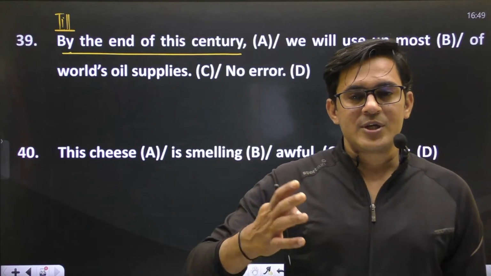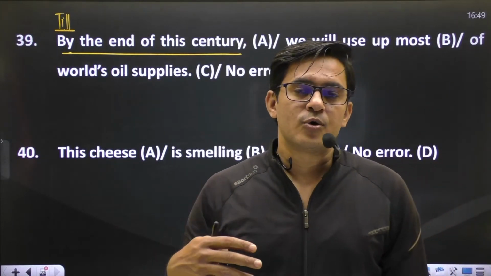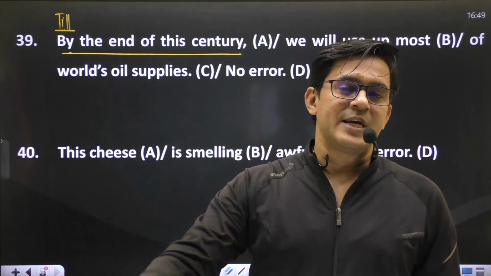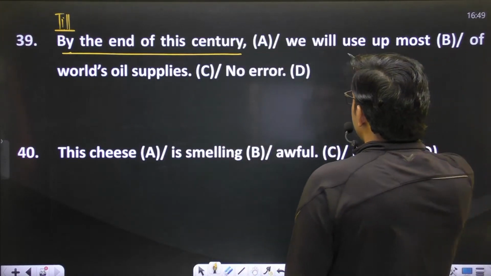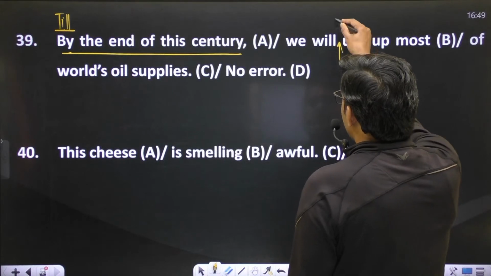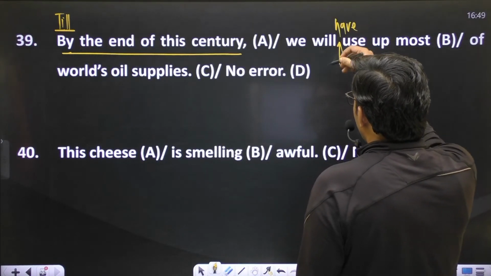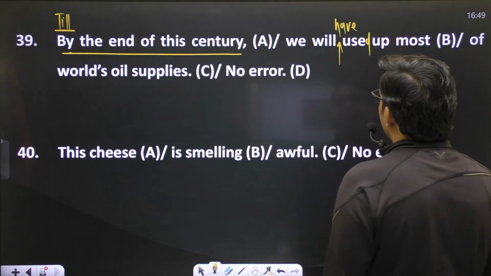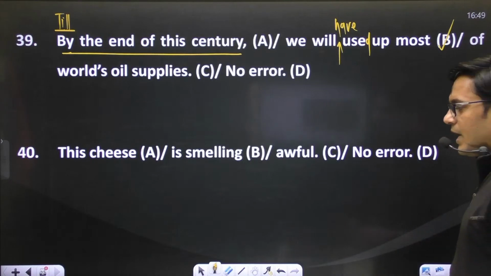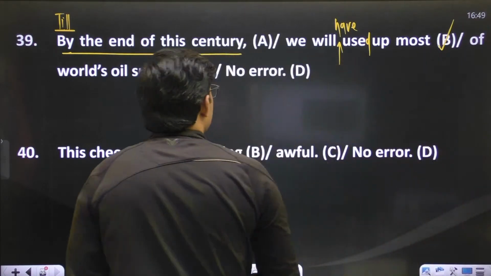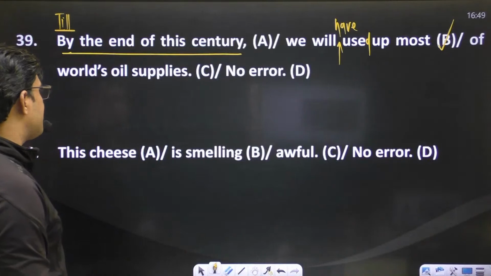By using this word we always show completion in the upcoming time, meaning in the future. So to make it future perfect: we will have used up most of the world's oil supplies. The sentence will be fine, and the error is in part B.